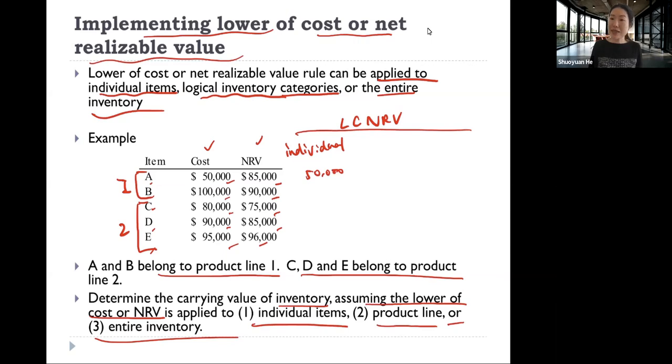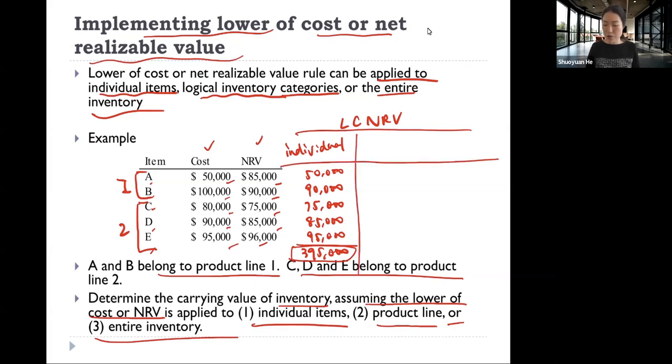Item B, we take net realizable value because that is lower. Item C, we take the net realizable value. Item D, net realizable value is lower. And item E, cost is lower. So we do it by individual item and we sum it up. It will give us 395,000. And this is the cost of the ending inventory after applying this lower of cost or net realizable value rule.